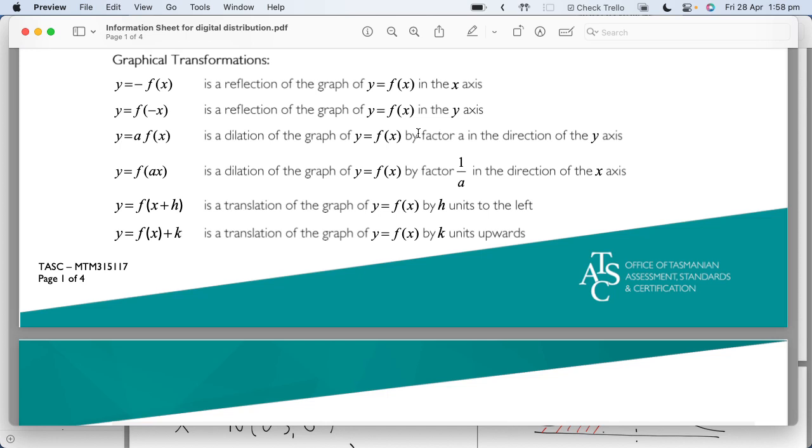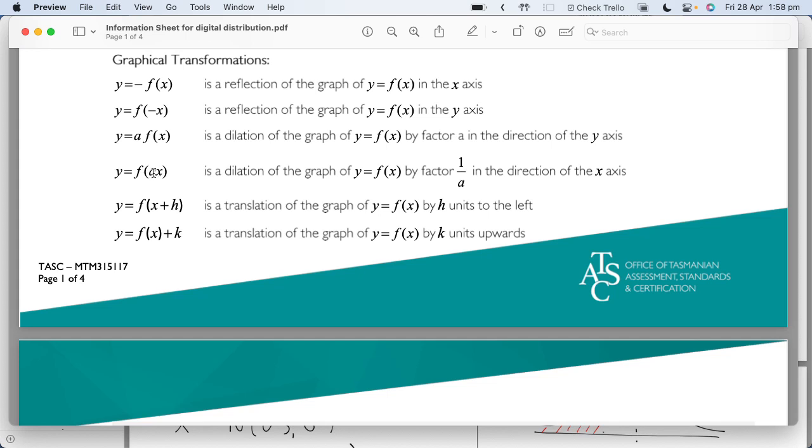This is just hopefully reminder work. y equals f of ax. So we're replacing x with ax. So we are causing the function to go through its values more quickly, which has the effect of squishing up the graph if a is a whole number. So when we get to transformations of the x, it always feels counterintuitive.